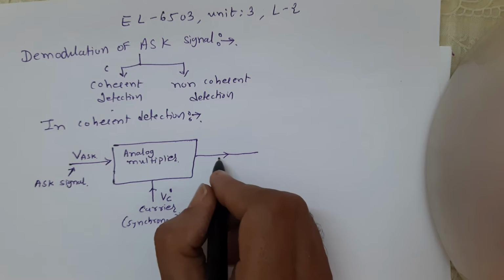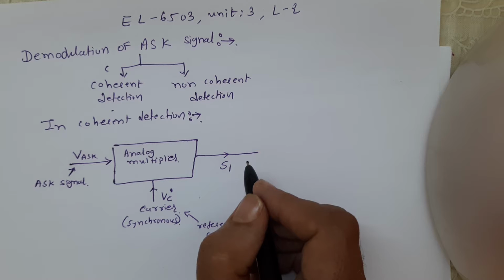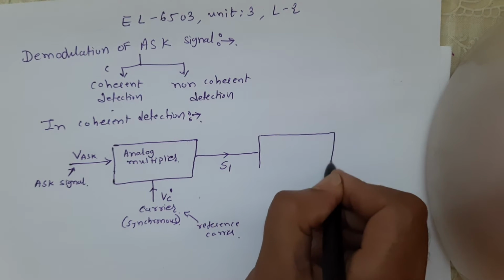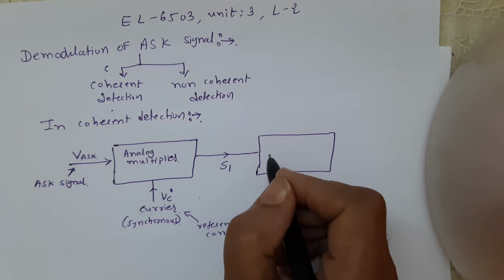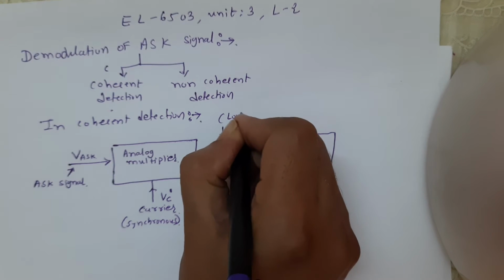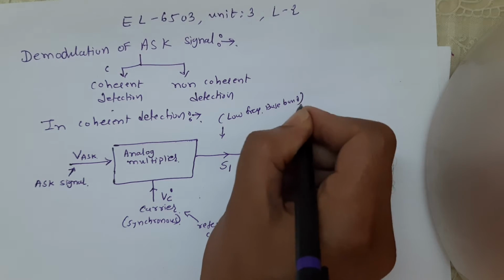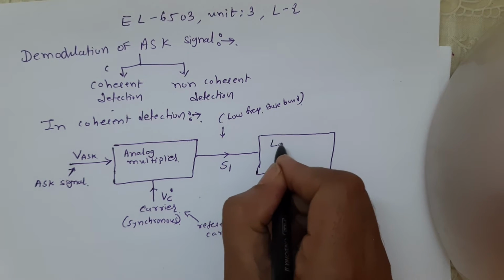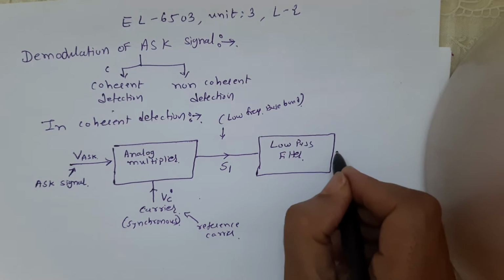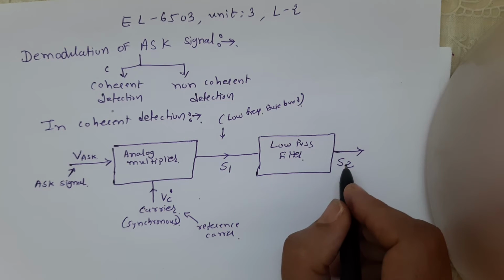The output, we symbolize it as S1. In between, it is also passed through the low frequency baseband and then given to the low pass filter, and we get the output S2.